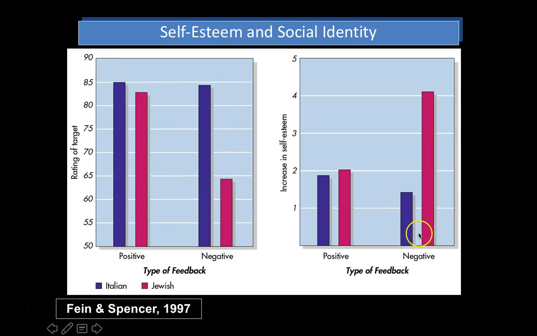But look at those who had received negative feedback. When they had the opportunity to derogate the Jewish applicant by giving her low ratings, that serves to boost their self-esteem. They get their self-esteem back by derogating an outgroup member.